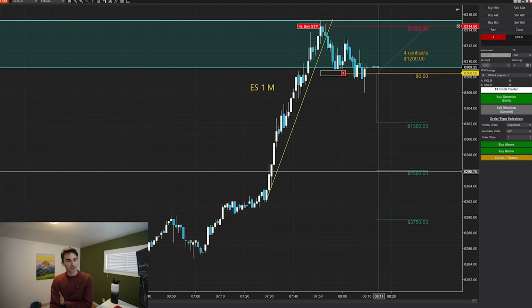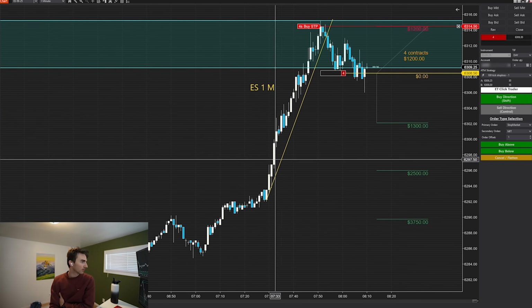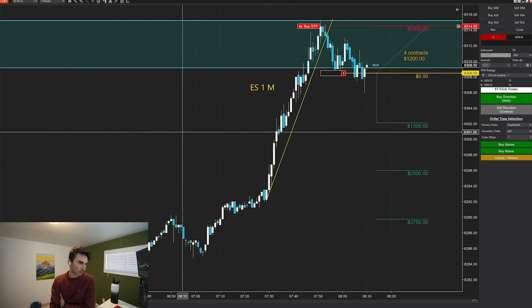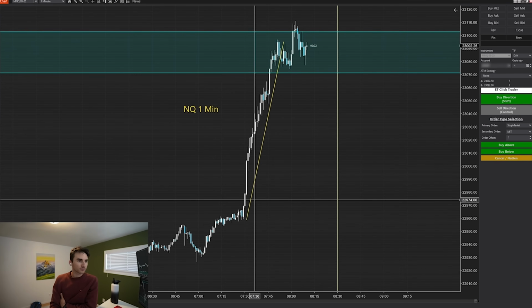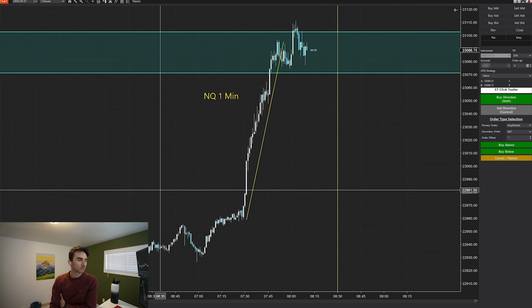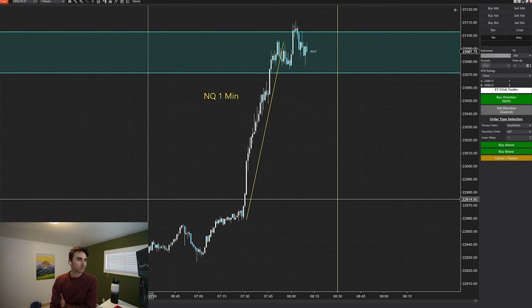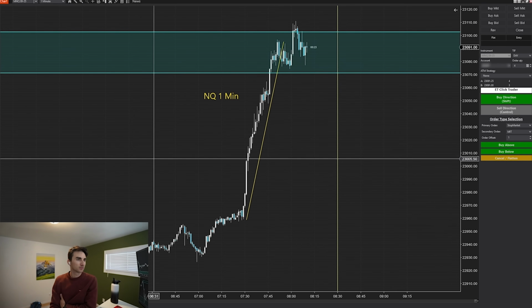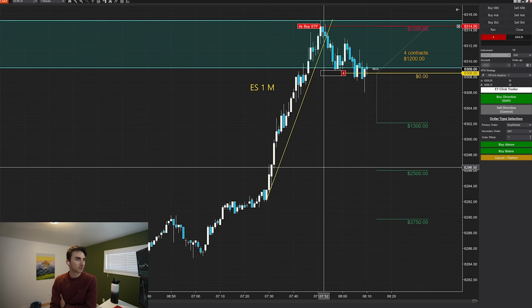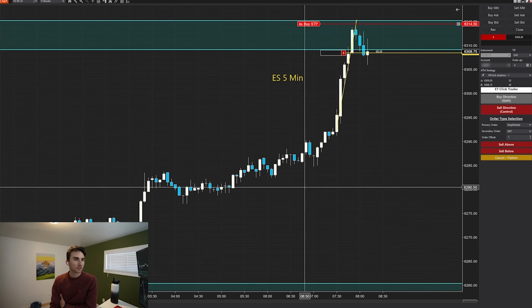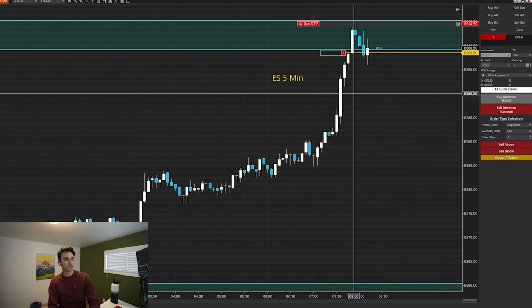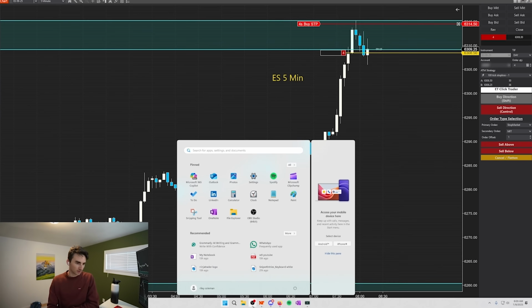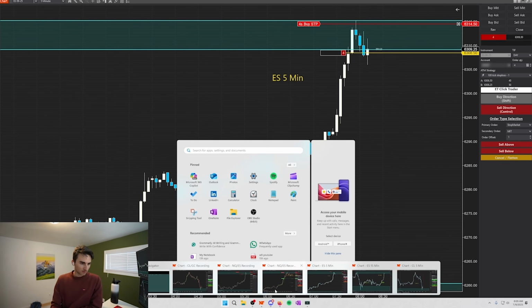Even if it works 50% of the time and I get 2x or a little bit off 1x, it's great. And this still is setting up, it's still at a decision point. Not out of the woods, but I think ES looks good. I'm gonna sit on a 5 minute and see what that looks like.